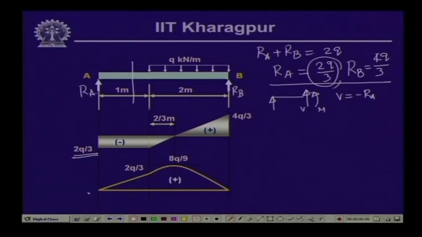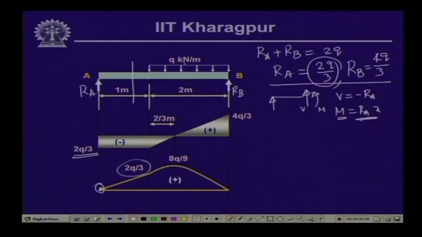Now, in this segment between 0 and 1, the moment M is equal to R A into x. So, it varies linearly with x. When x equals 0, the bending moment is 0. When x is equal to 1, the bending moment is equal to 2 Q by 3 kilonewton meter.